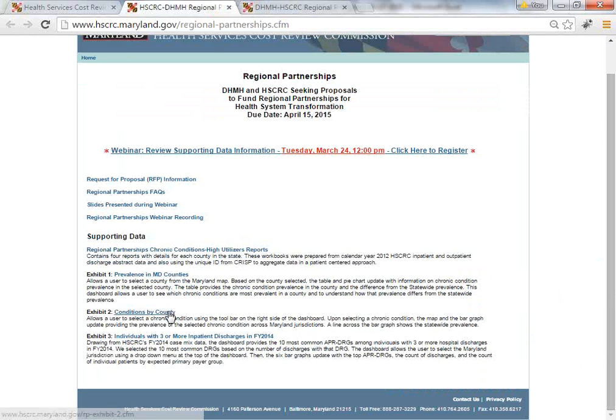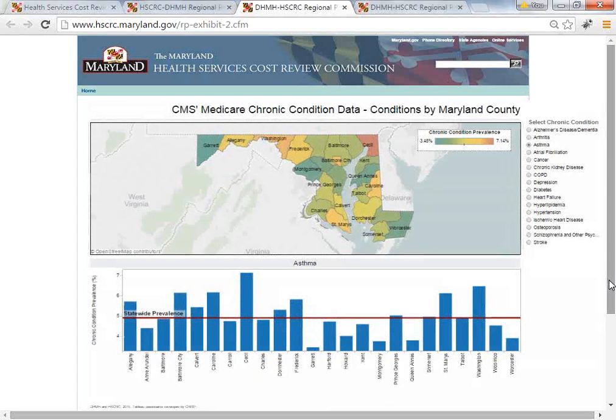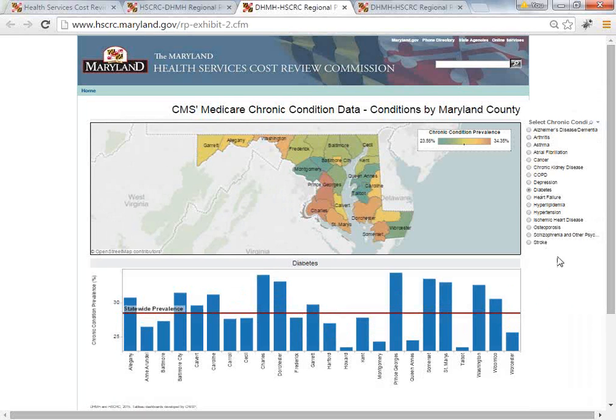So the next exhibit is conditions by county, and I'll just open it here. This is very similar. It displays the exact same data, but rather than looking at it by county, we're now looking at it by condition. So over here, you can select, right now asthma is selected, but for instance, you could change to selecting diabetes, and both the map and the bar chart below will update, and what it shows you is by county, what is the prevalence of diabetes, and then the red line indicates what the state prevalence is.